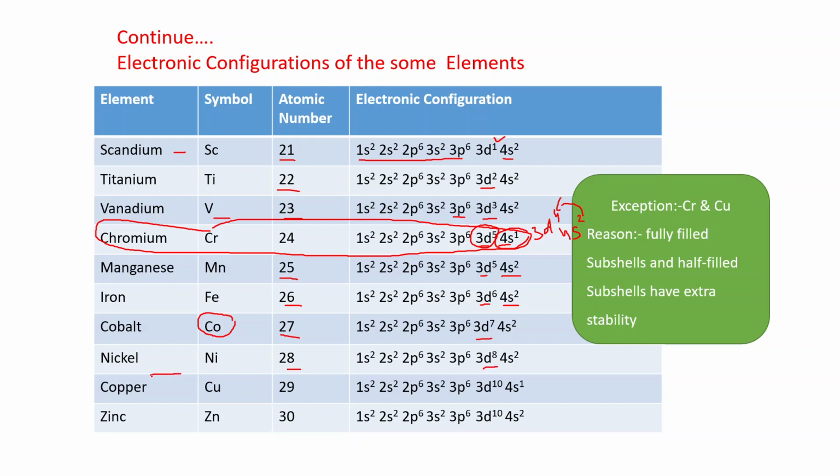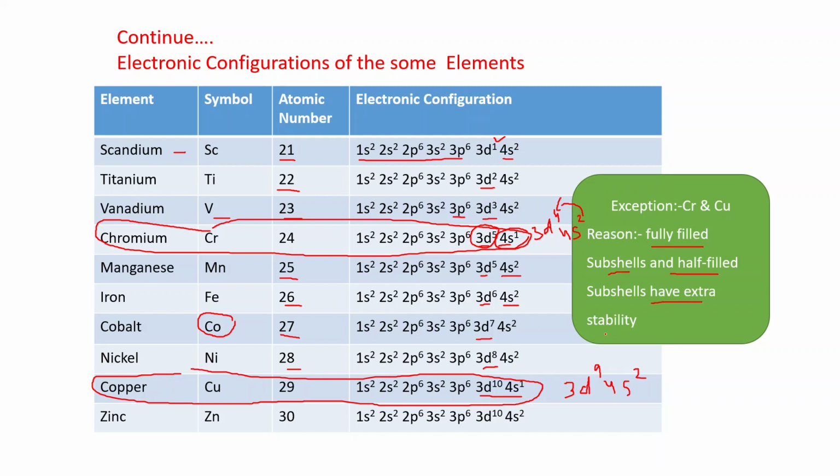Then again we come to copper, atomic number 29. If we write as per the rule, its electronic configuration should be 3d9 4s2. But the actual electronic configuration of copper is 3d10 4s1, and the reason again is that a fully filled subshell and a half filled subshell have extra stability.